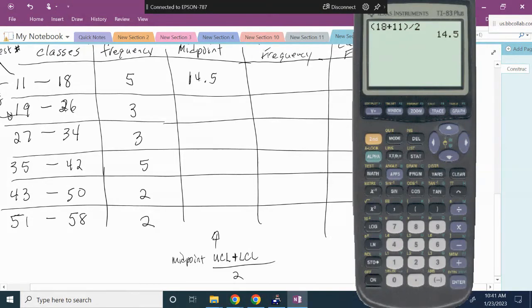That's the midpoint. Let me put that in a set of parentheses. All right. So if I were to find the midpoint for the second class, 19 plus 26 divided by 2 is 22.5.